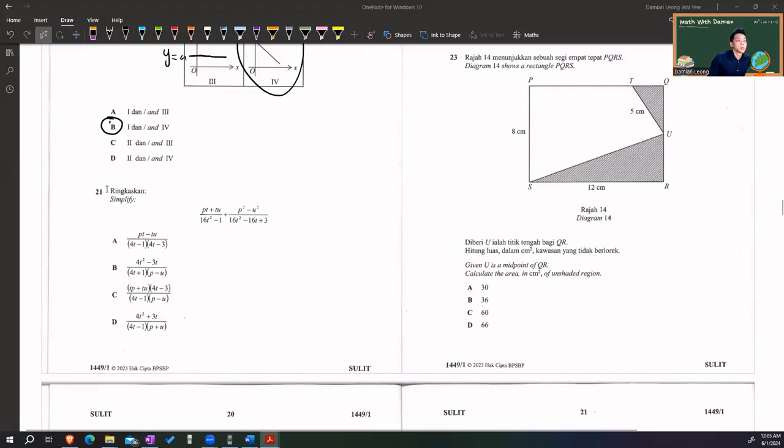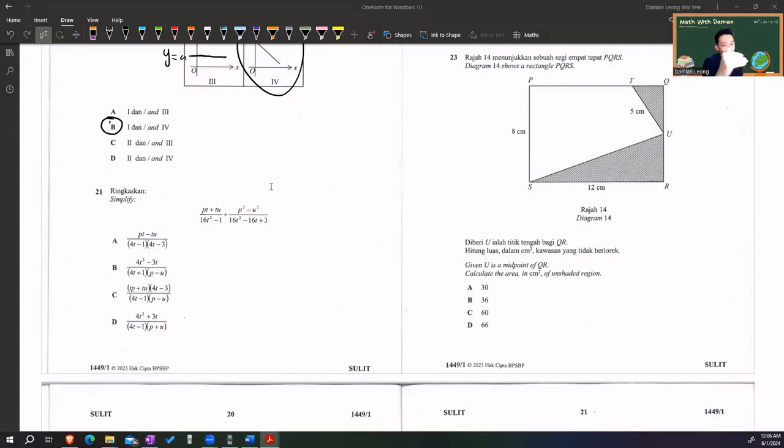Okay, so question 21, soalan 21, ringkaskan pecahan algebra ini. So it's algebraic fractions that goes through division.